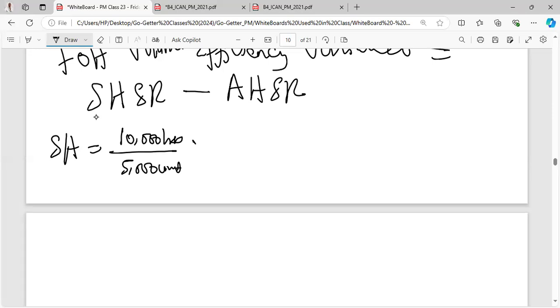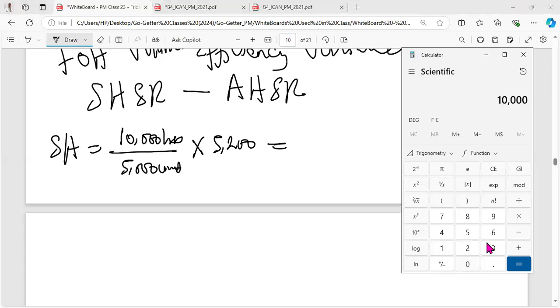When you do that, you multiply it by the 5,200 that we are supposed to carry out. So it means here that 10,000 hours divided by 5,000 units is 2 hours to do 1 unit.